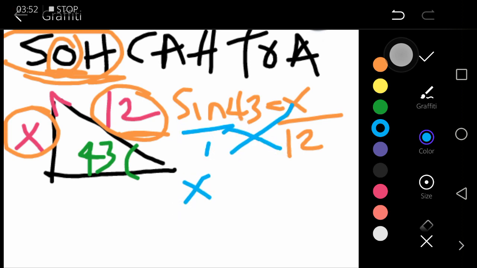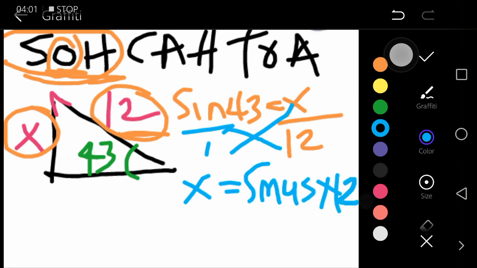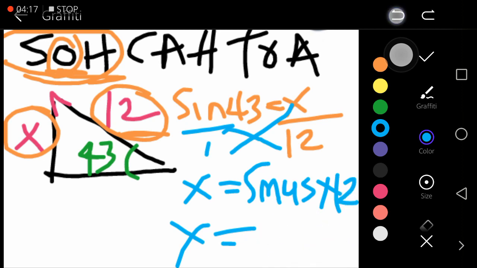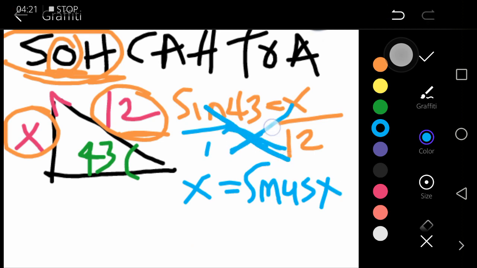So x is equals to sine 43 times 12. Use a scientific calculator: sine 43 multiplied by 12 equals 8.18. Very easy, just multiply this by 12.